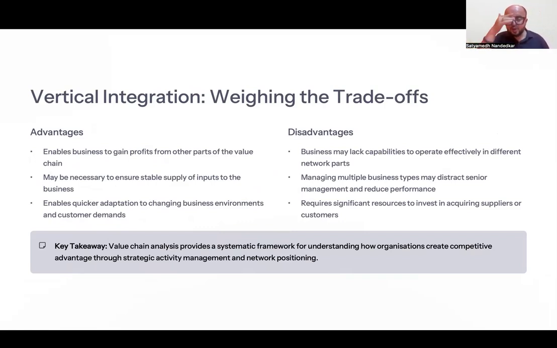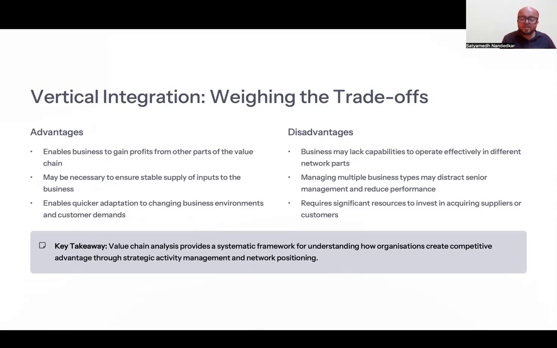It may be necessary to ensure stable supply of inputs. Dependence on external suppliers might create bigger challenges, late deliveries, failure to fulfill commitment. If that were to continue, then the business might suffer. So if you go back into the production stage and start manufacturing the items which are your raw material, like growing fruits and vegetables on a farm which are then going to be used in the hotel, then all these challenges with respect to fulfilling the commitment will go away.